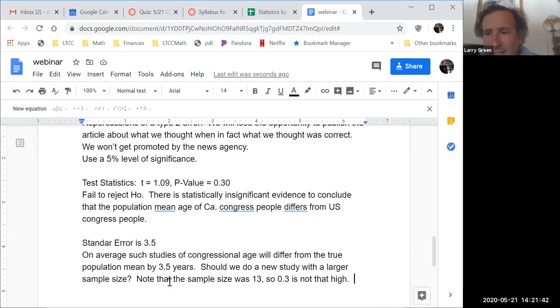Do you see that? But with a low sample size, you're almost never going to get really low p-values. Therefore, the only thing we can do is increase the sample size. And the whole point of increasing the sample size is to decrease the standard error.